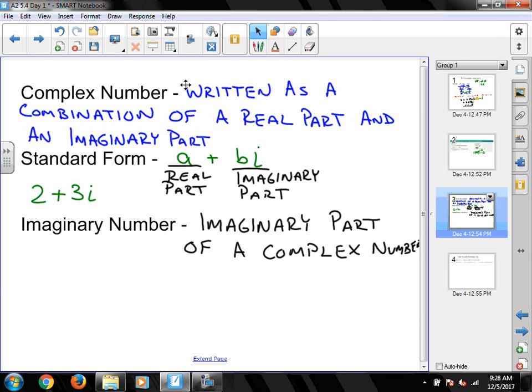So, for instance, if we look at our example from before, 3i is going to be the imaginary part, so 3i is an imaginary number. Again, no, it's not made up. It's not that it's just made up like your imaginary friends. It is imaginary because it's not real, as opposed to the 2, which is a real number.